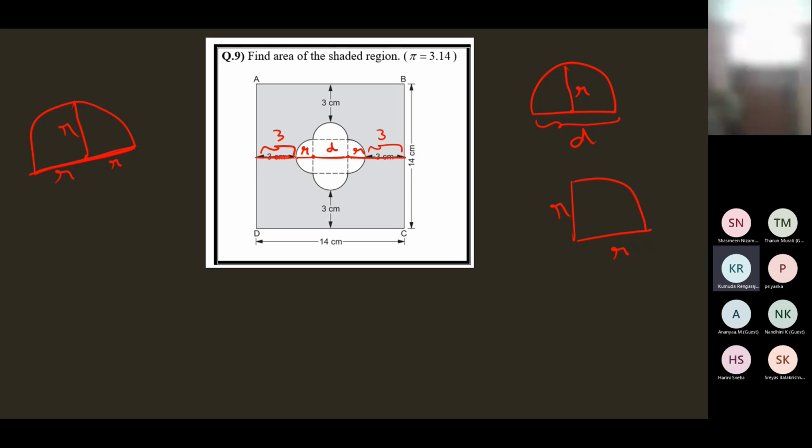So 3 plus R plus the diameter, or 2R, plus the radius plus 3 is equal to 14.